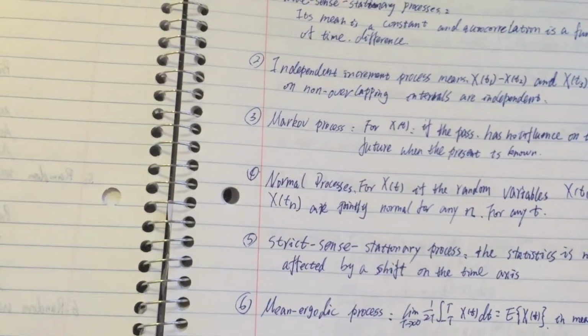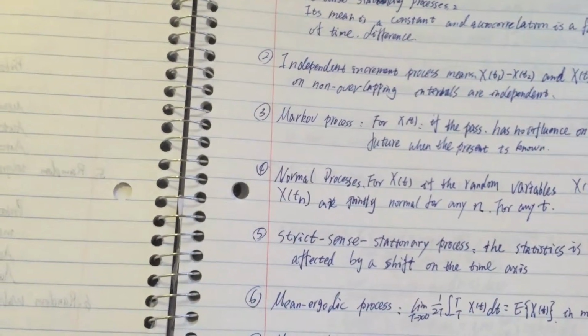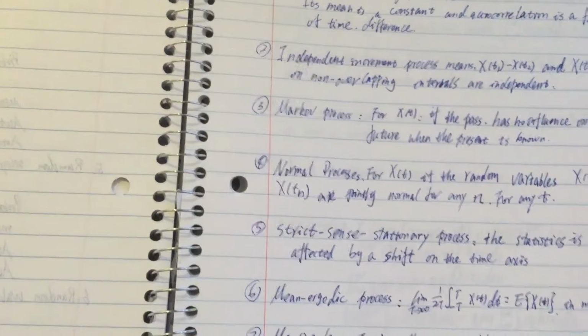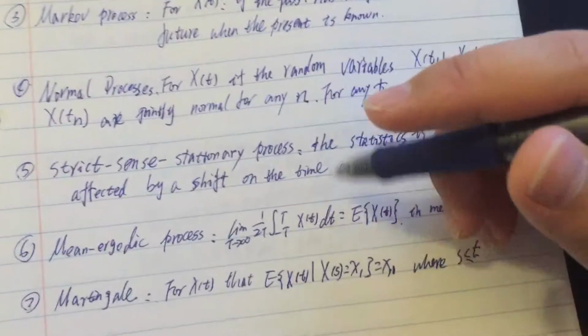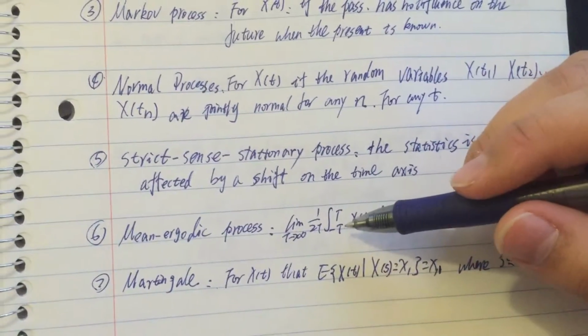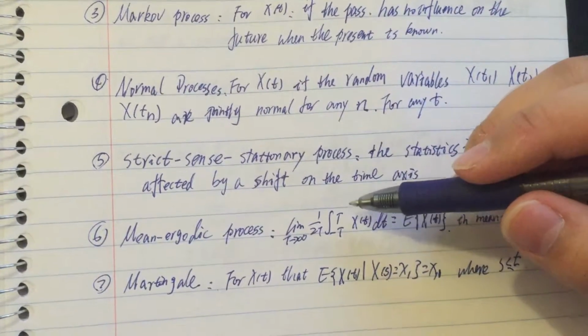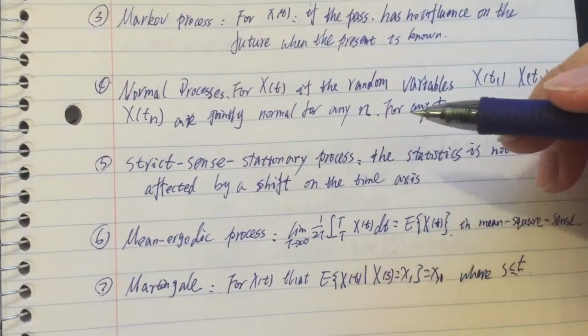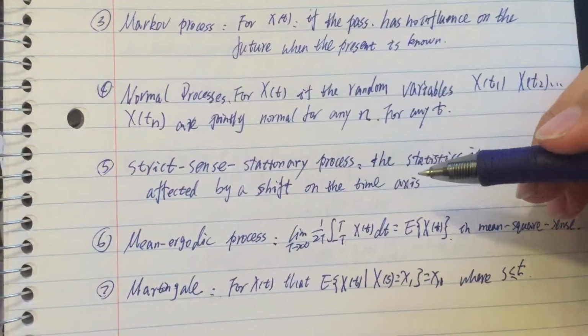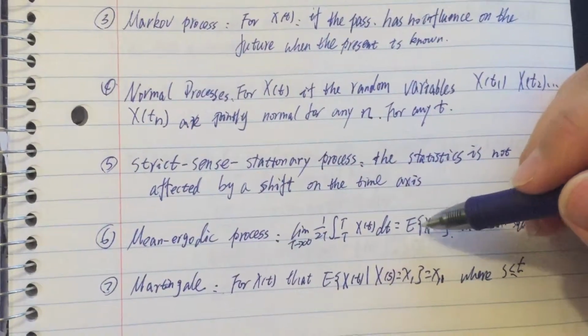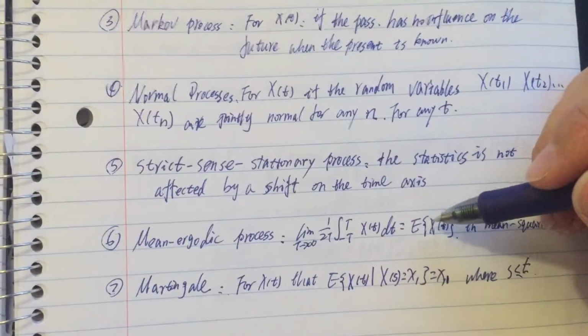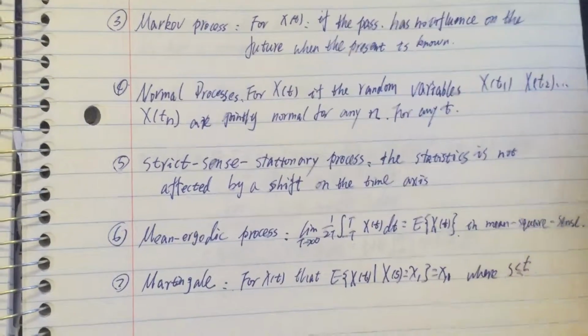For the mean ergodic process, in this equation, the limit as T goes to infinity of 1 over 2T times the integral from negative T to T of X(t) dt is equal to E[X(t)] in the mean square sense.